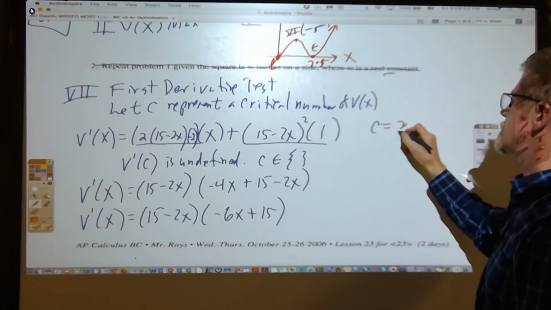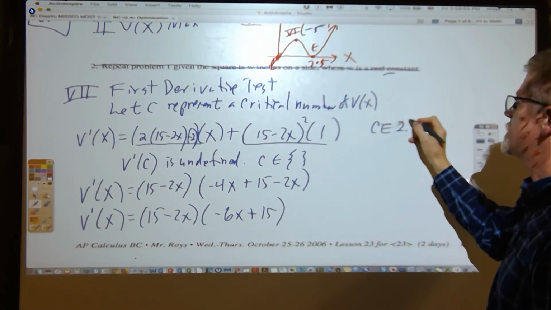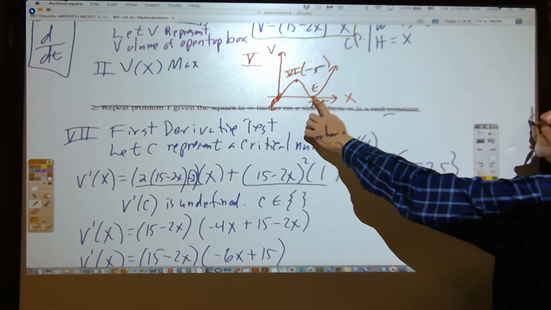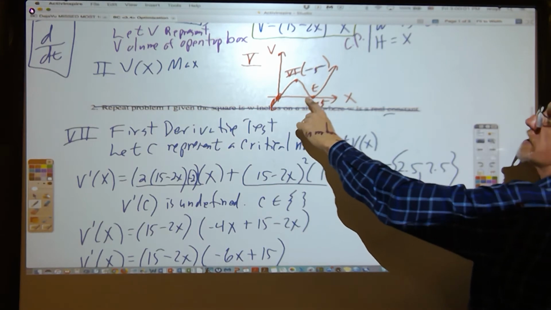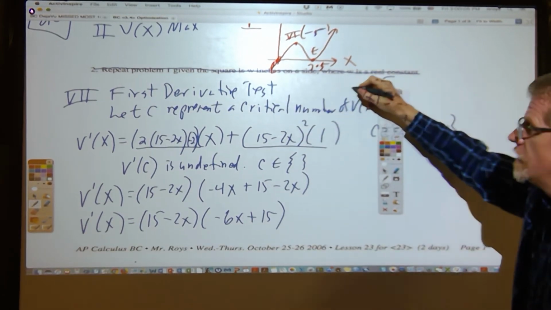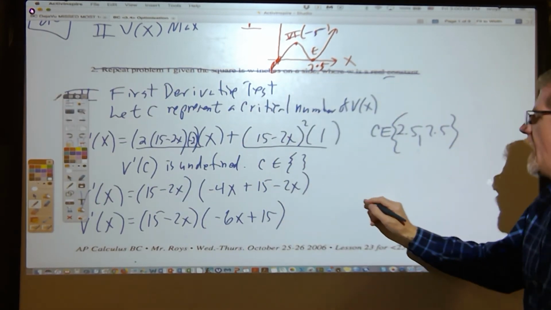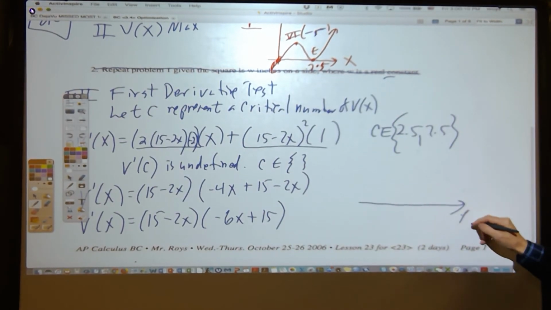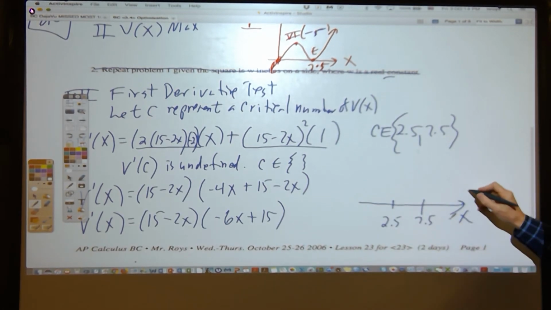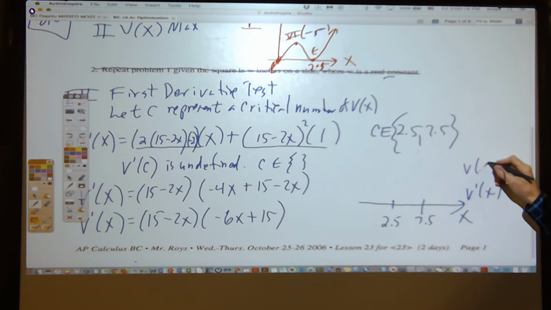So C equals 2.5, C is an element of the set 2.5 and 7.5. Well, we knew 7.5 was going to be one. If we did Roman numeral 5, we knew there was a horizontal tangent here, so it could be 2.5. So tell you what, just give me a second and let me draw this three-layer thing with the two critical numbers at 2.5 and 7.5, v prime of x and v of x.